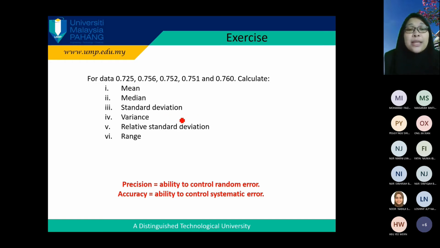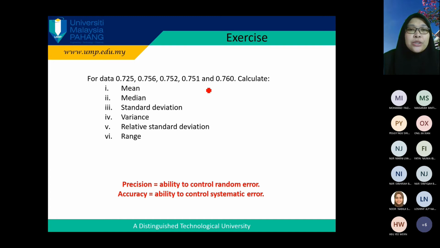Okay, biasanya kita tak minta lah you bagi, okay, kira standard deviation. Sometimes we are going to use the word precision. Okay, so precision, usually we look at the standard deviation, value of standard deviation. If the value of standard deviation is very low, so we can say that the results, the data is precise.